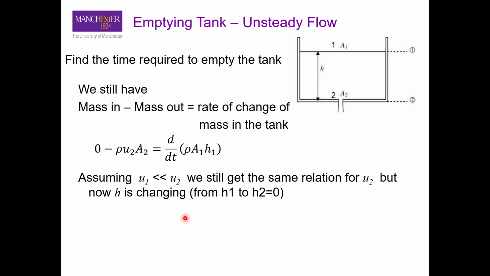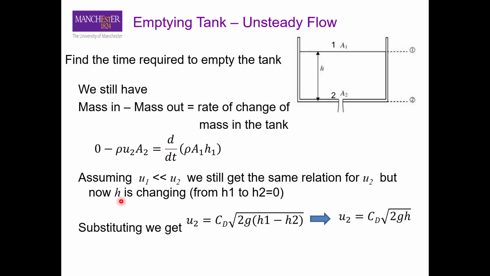But now the difference is that instead of having h1 constant, we have h1 minus h2, which is just h, the height that changes with time, so we can write that u2 is equal to cd times square root of 2gh, and h is changing. It means with the change in the height, velocity is going to change. Okay, and we can put the value of u2 from this equation into this equation.